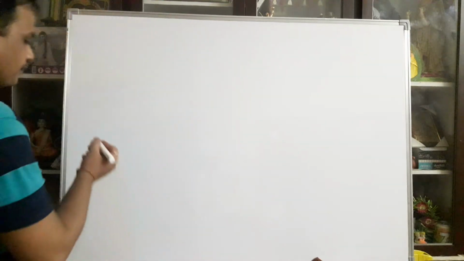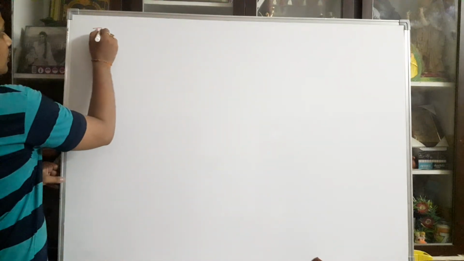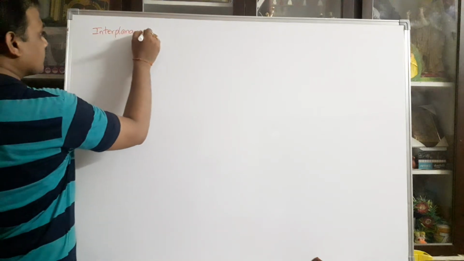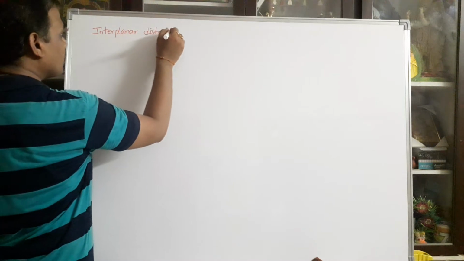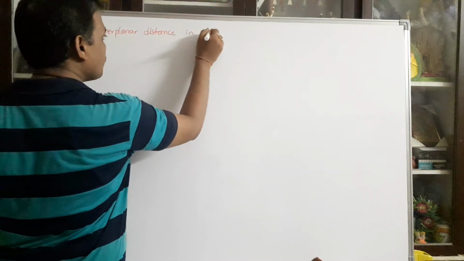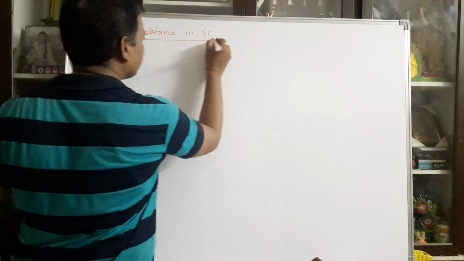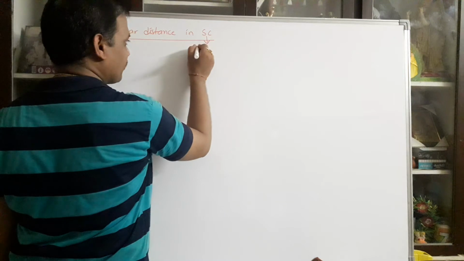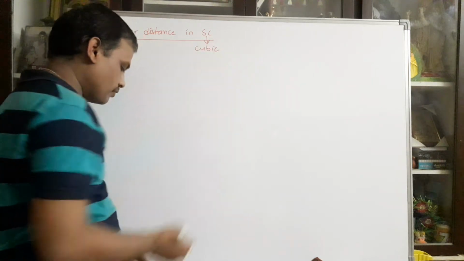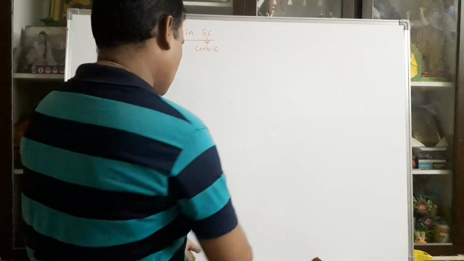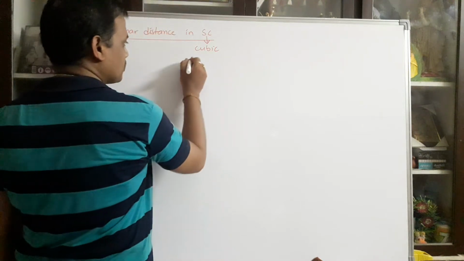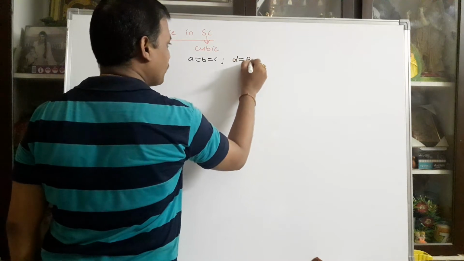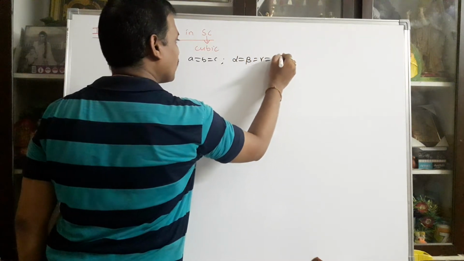And next topic, interplanar distance in simple cubic lattice. This simple cubic lattice is, first of all, a cubic structure. The condition is well known now: a is equal to b equal to c and alpha equal to beta equal to gamma equal to 90 degrees.